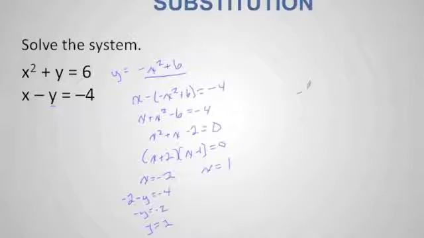So one ordered pair for an answer is negative 2, 2. And then we could also use 1 minus y equals negative 4. So negative y equals negative 5, and y equals 5. My other ordered pair is 1, 5.